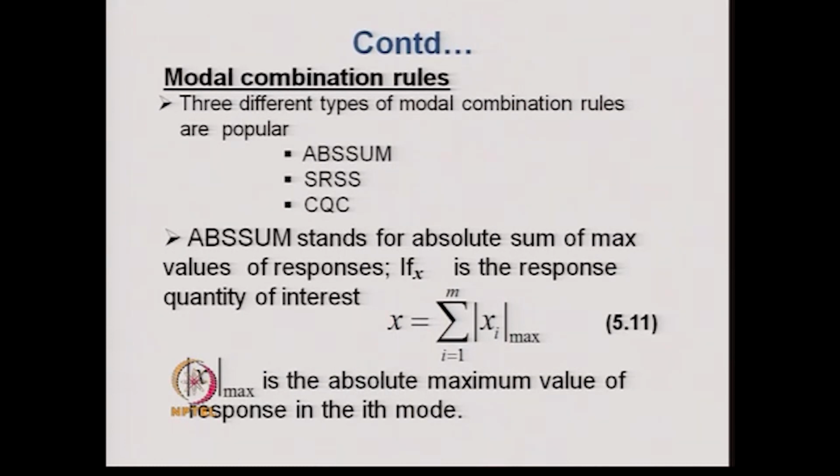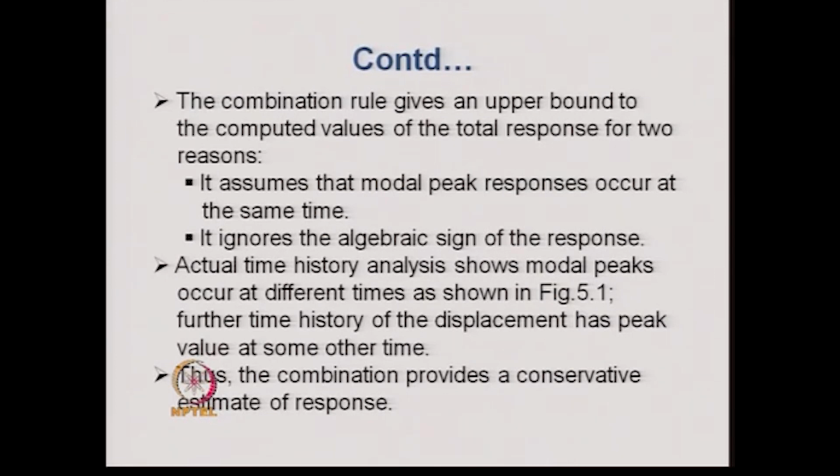Now, this is an approximate one because of two reasons. Number one, it assumes that modal peak responses occur at the same time. That means, if we have the plot of z_i, the generalized displacement in the ith mode, for i equal to 1 to m, one can have m such plots.